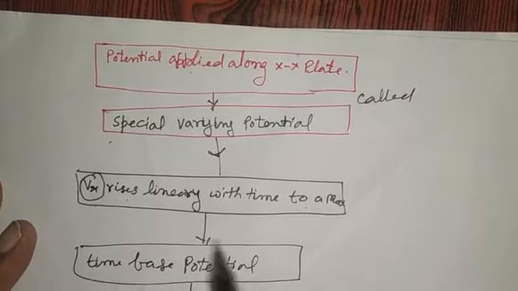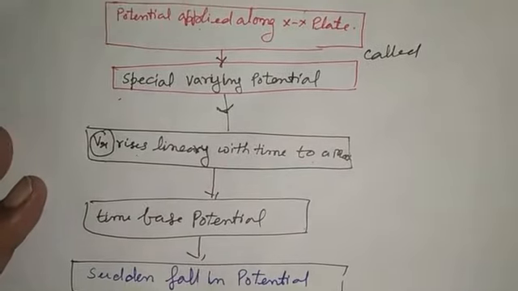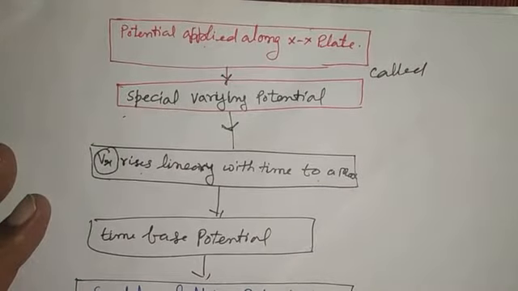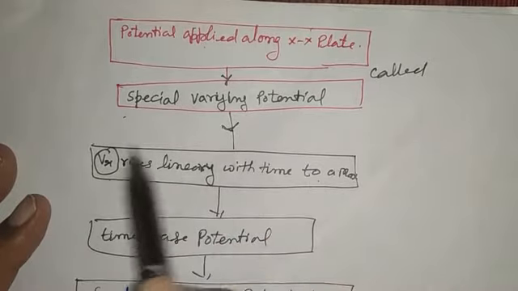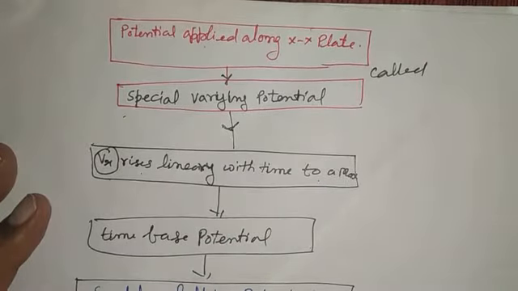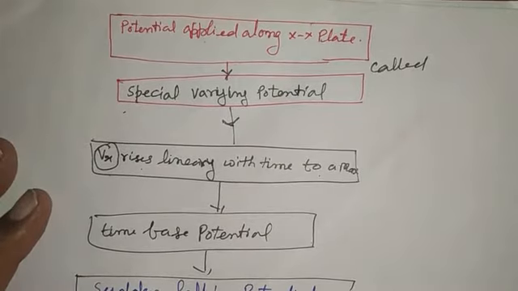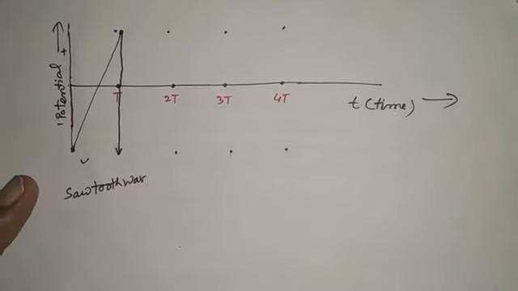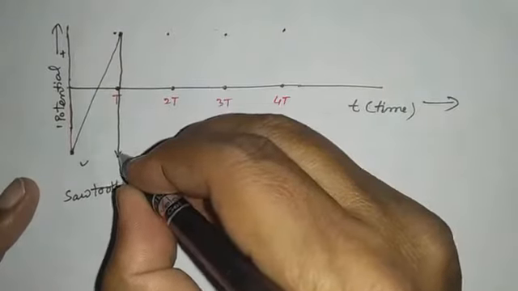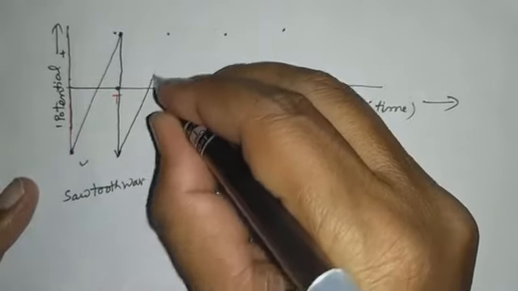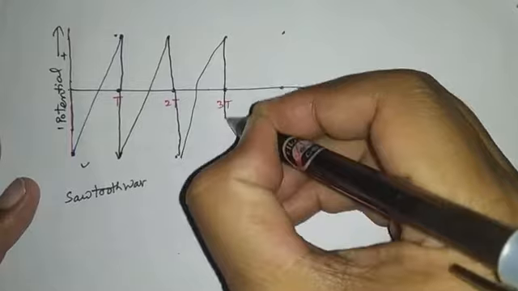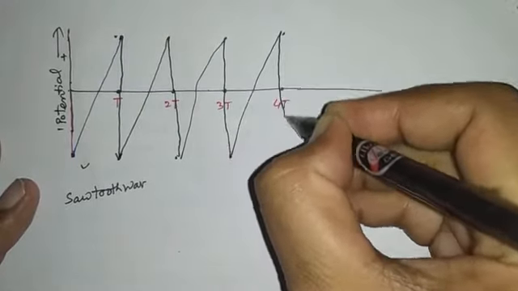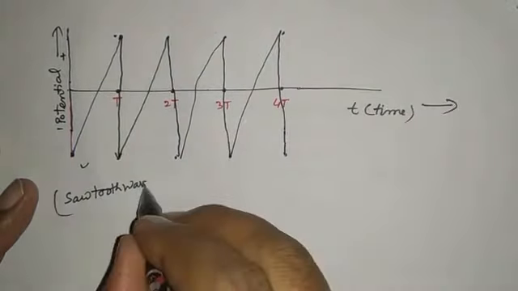As a result of two potentials, one a known potential applied along the y-axis, and second the spatial varying potential Vx along the x plates, then there is a certain fall. As a result, see here in the graph, again due to rise, fall, sudden rise, fall, like this, a sawtooth wave forms.